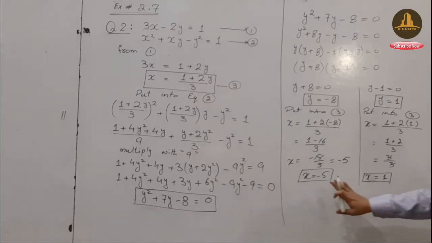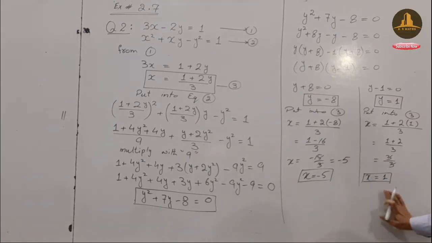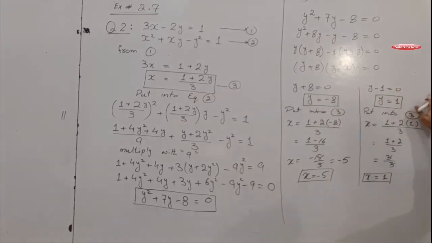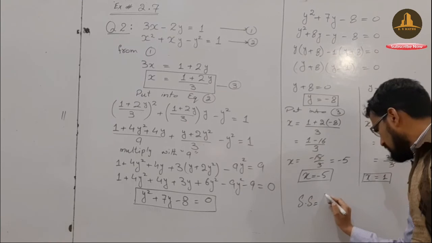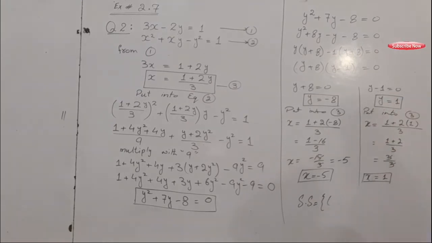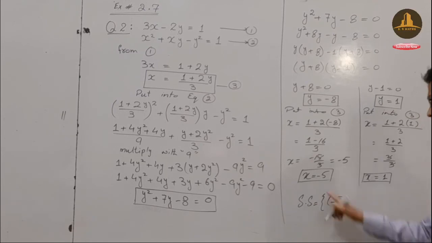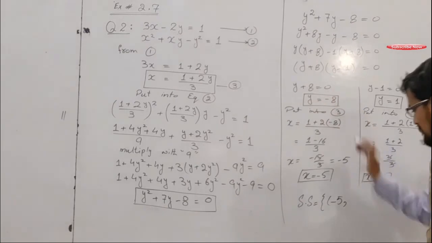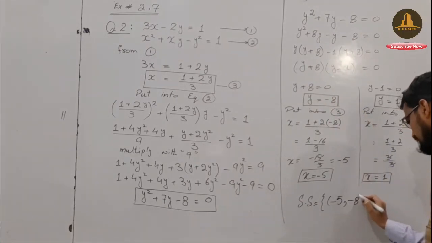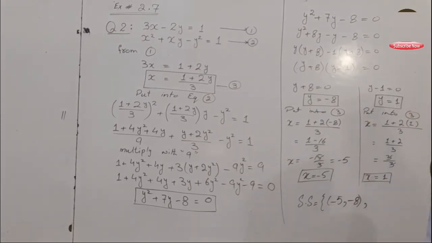Okay. So these are two values of x, corresponding to y. So the solution set will be: first and foremost, x is equal to minus 5 when y is equal to minus 8. And then second is x is equal to 1 when y is equal to 1.